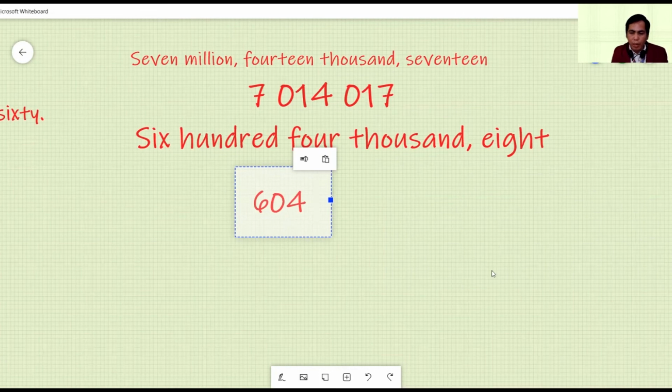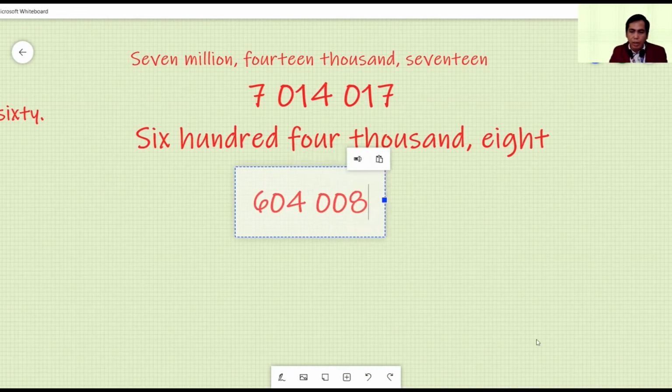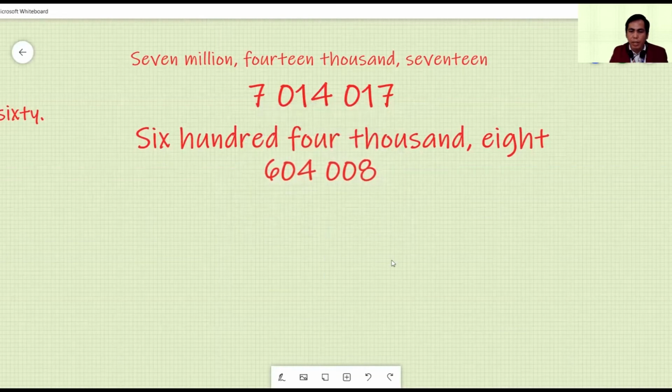Remember that the ones period has 3 digits. So in other words, we have to include 2 zeros before 8. So 008. So this is now our numeral in symbols. 604,008.